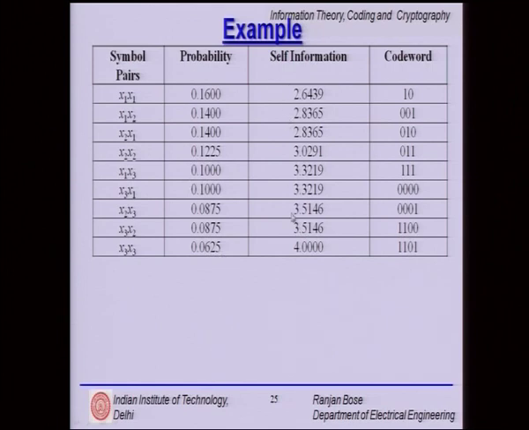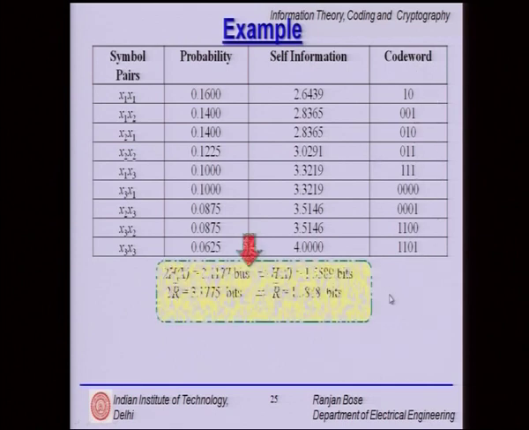And now I find the self information and I do a Huffman coding on it. This is pretty mechanical, but this time I find that for the symbol, 2 h of x is 3.1177 bits, consequently h of x is 1.5589, and for a block of 2 symbols, 2 r bar is 3.175 bits and r bar, that is per symbol, is 1.588.